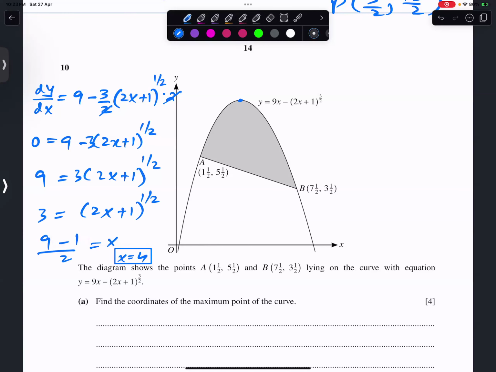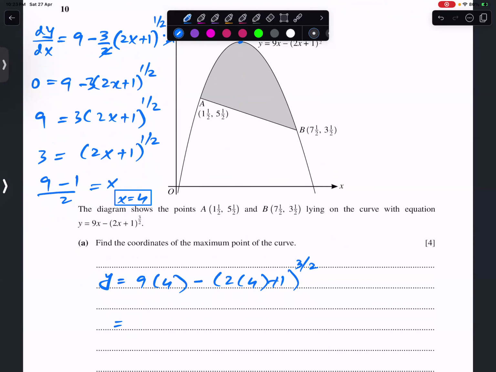Find the coordinates of the maximum point, so you have to find y as well. Now put this x value in the question, well done. So y is equal to 9 into 4 minus (2 times 4 plus 1) whole power 3 by 2.